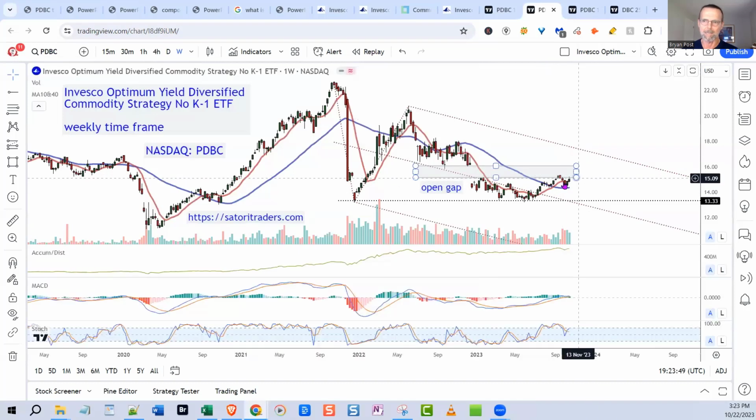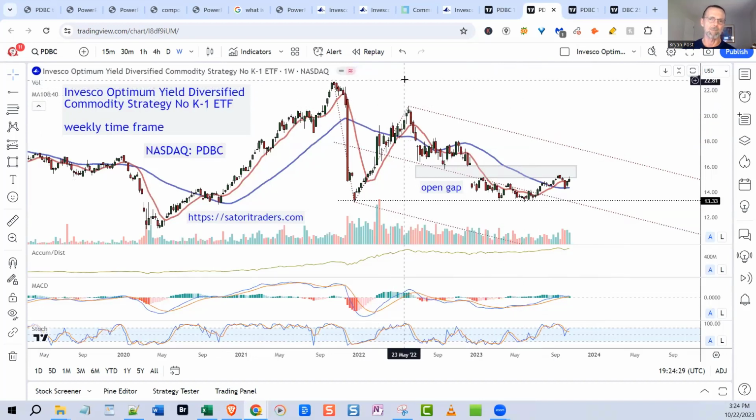Note that we've got bullish alignment of the moving averages, 10-week averages above the 40-week. Let's see, volume looks okay. Again, accumulation, distribution, investors are accumulating this vehicle, and I suspect that some of this is being long commodities, having exposure to the commodities right now, is not a bad strategy because of inflation and potential for conflict, war, and then also diversification.